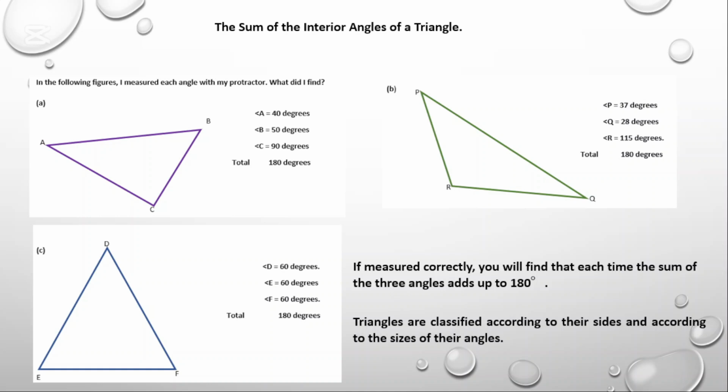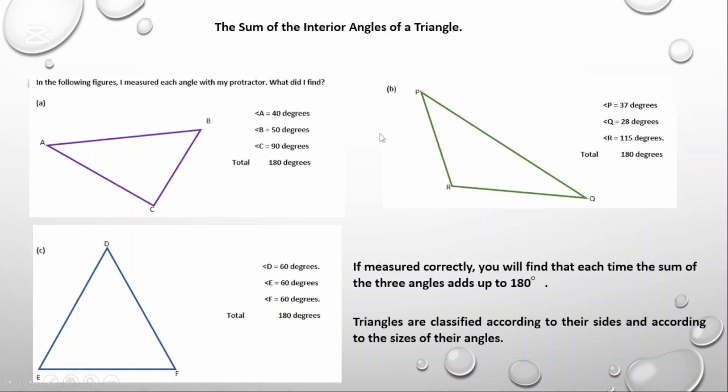Now in the following figures I measured each angle with my protractor, and what did I find? First I started with angle A, and I can see angle A is equal to 40 degrees, B 50, and C 90. Then I add up all three, and the sum of the three equals 180 degrees.